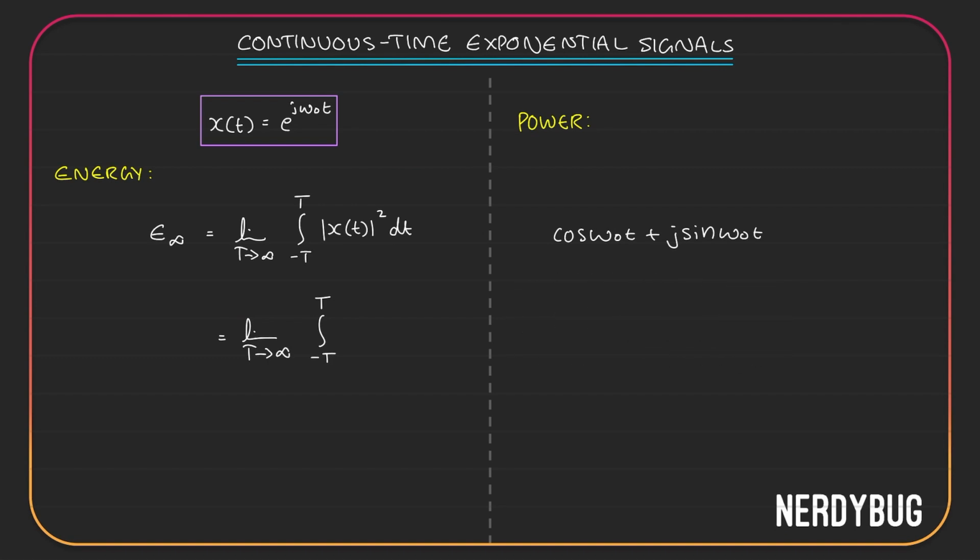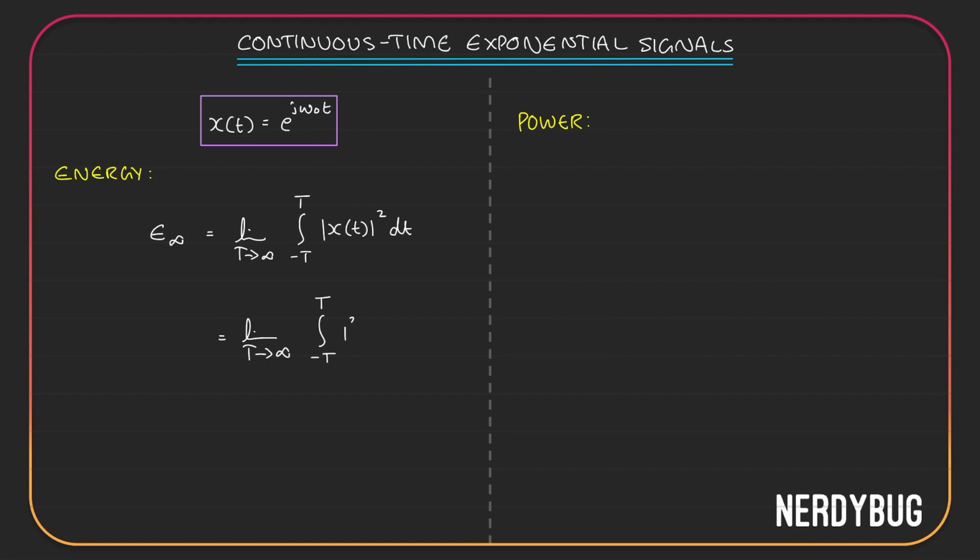So in this case, the magnitude will be root of cos square omega naught t plus sine square omega naught t. But cos square theta plus sine square theta is 1. Root of 1 is 1. So what we get is e raised to j omega naught t has magnitude equal to 1.